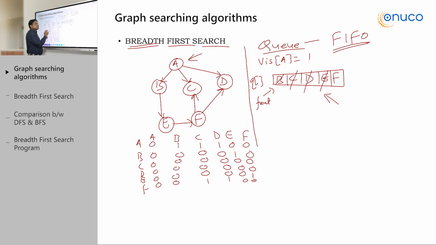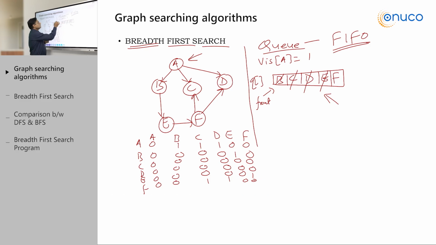From F, do you have any other path or edge or vertex which was not visited in the past? Point to be noted: we are going to insert an element in the queue only if it was not visited earlier. F to C, but C was already visited.